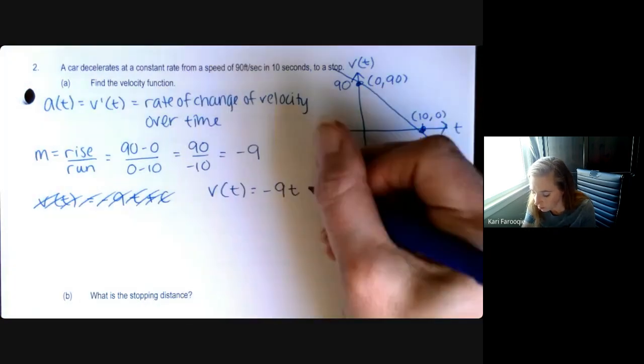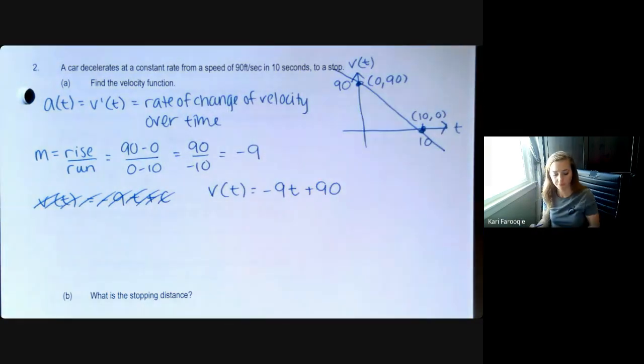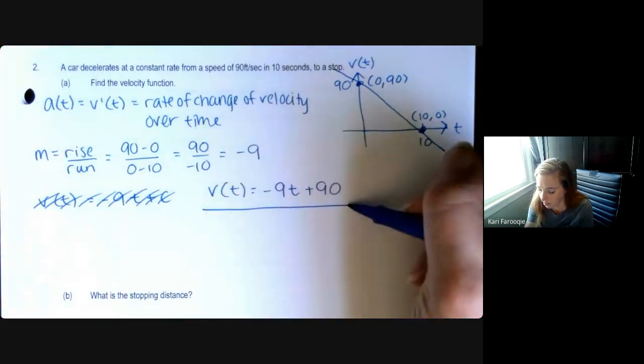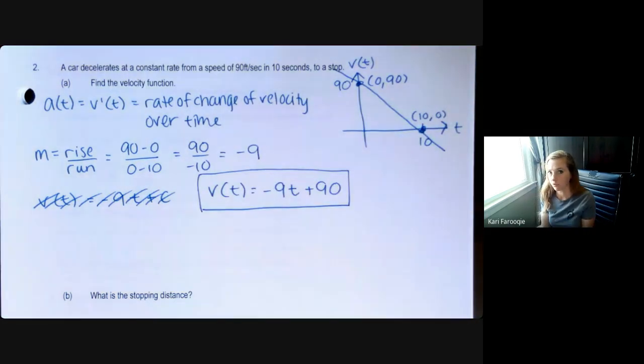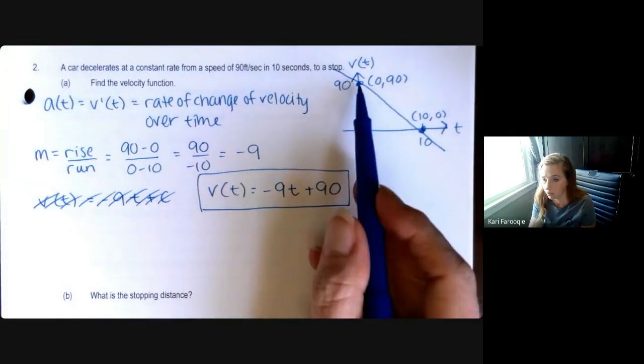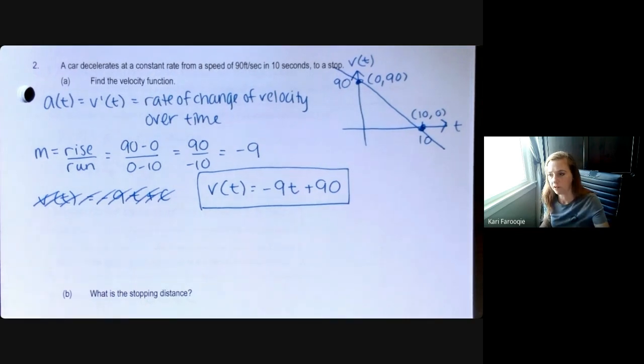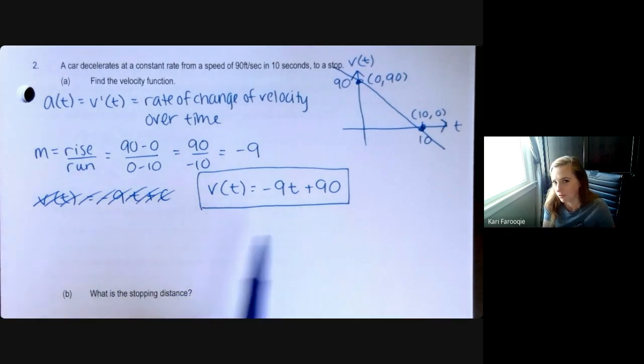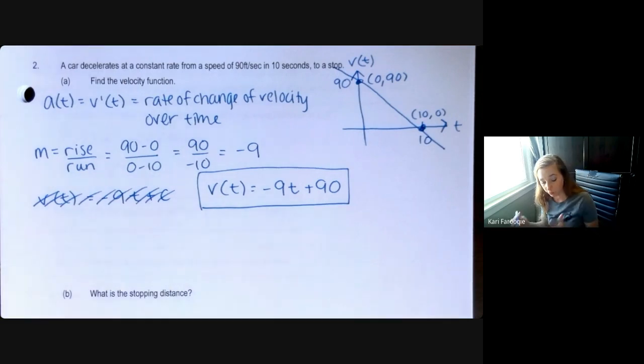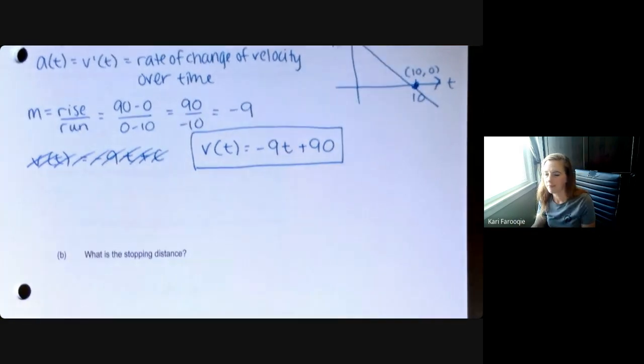The y-intercept is 90. Y equals mx plus b. In this case, it's just t instead of x. There's your b. So that's going to be your function for the velocity. You don't even need to do any sort of calculus for that, although you could by using that initial position. Maybe I should have done it that way. To me, I feel like this is just more intuitive than trying to set up an initial value problem for that.